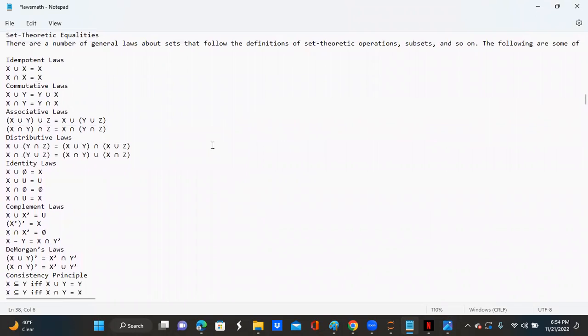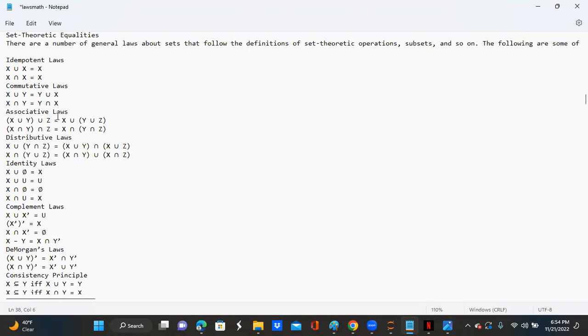So these are the idempotent laws, meaning the union of x and x equals x, and the intersection of x and x equals x. The commutative laws: the union of x and y equals the union of y and x. The intersection of x and y equals the intersection of y and x.